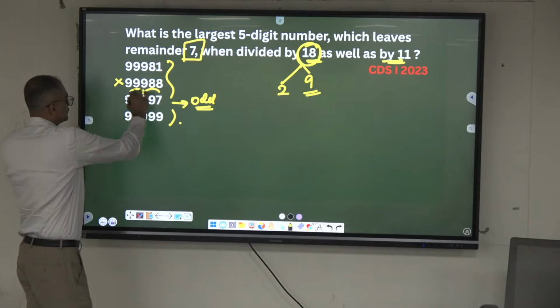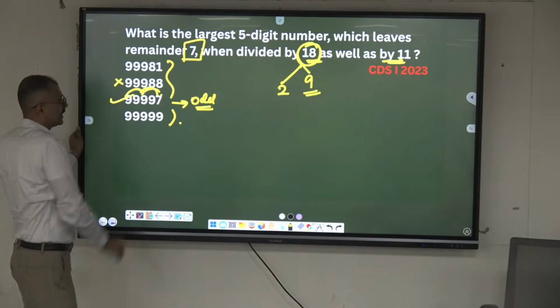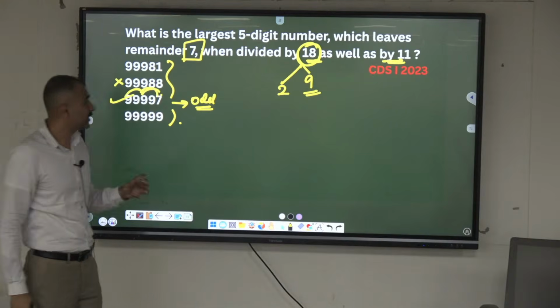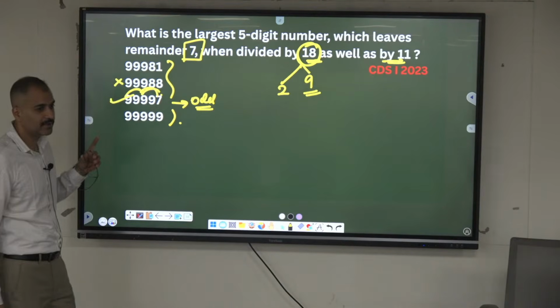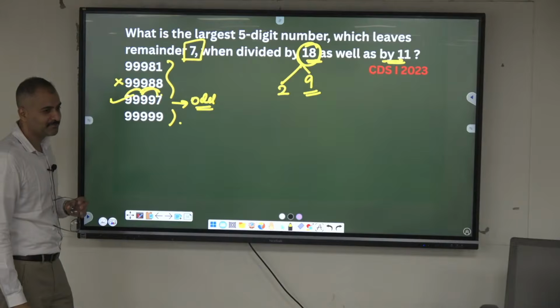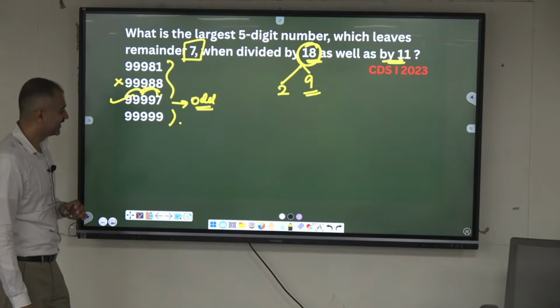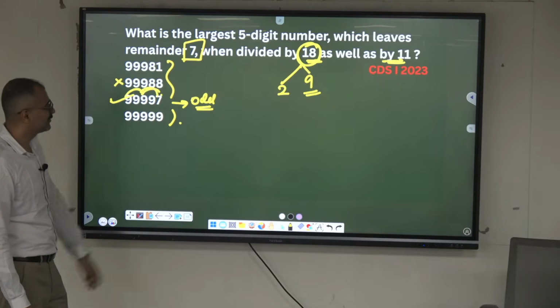Correct. This was your answer. That's right. Okay, remainder has to be 7. If you take out 7, it's divisible by 11 also, sir. Tired now, efficiency reduces a bit now.